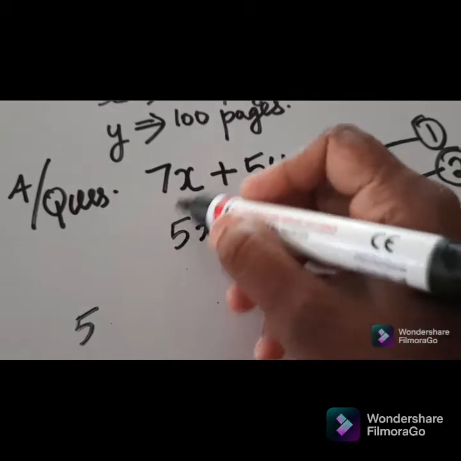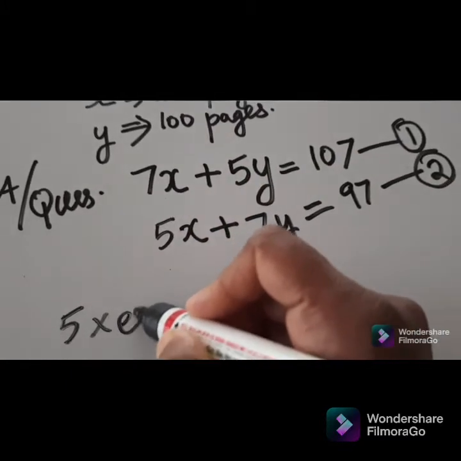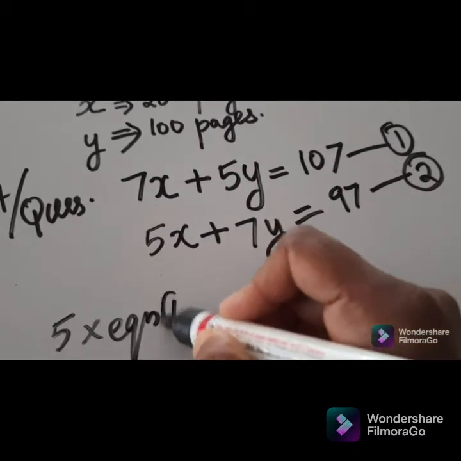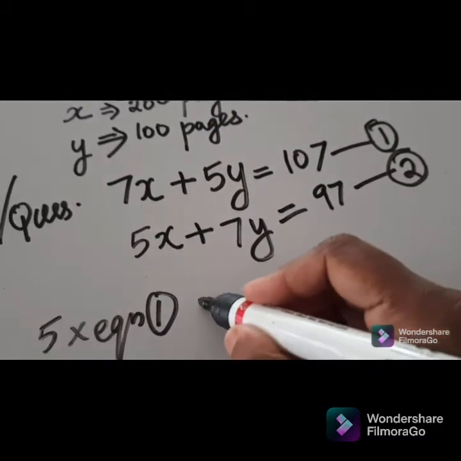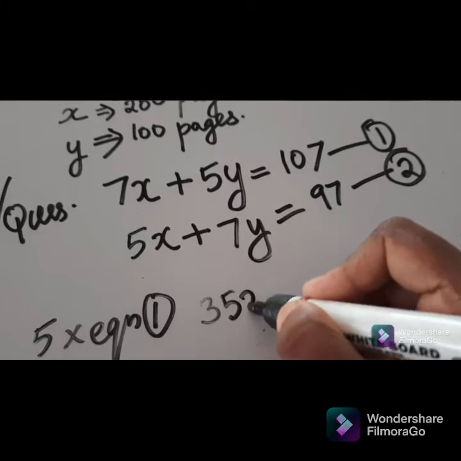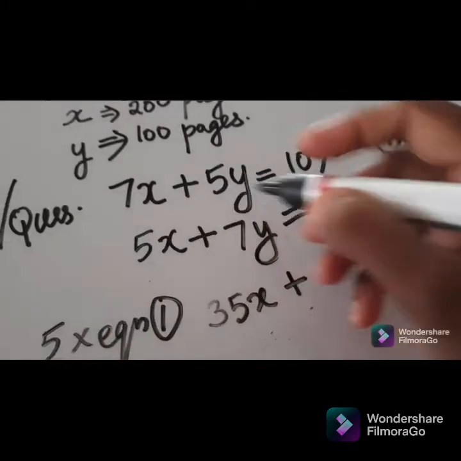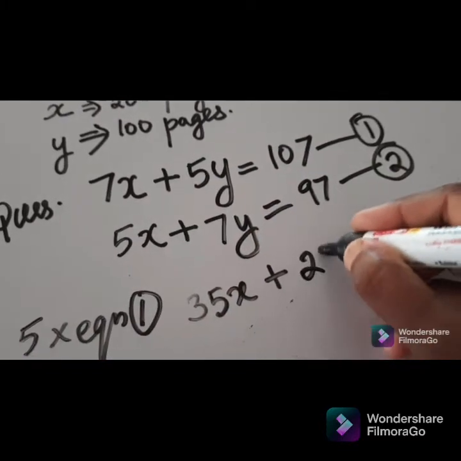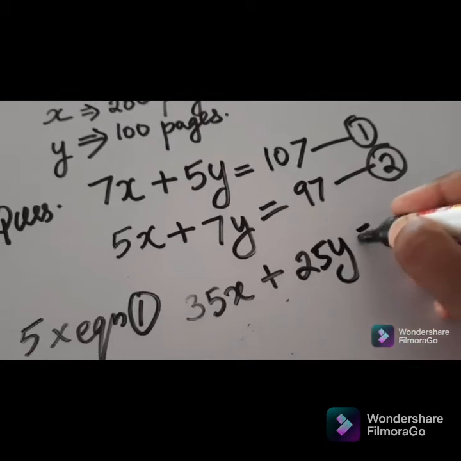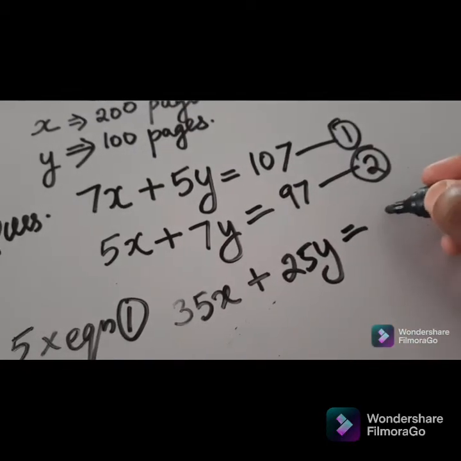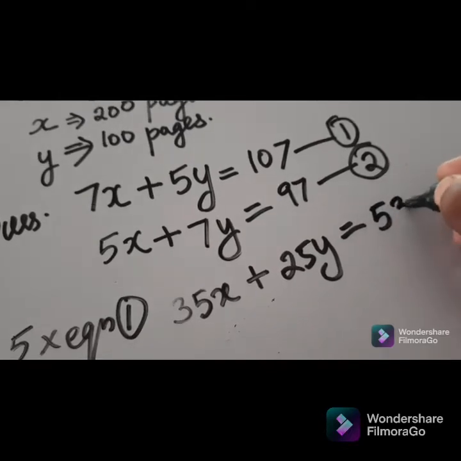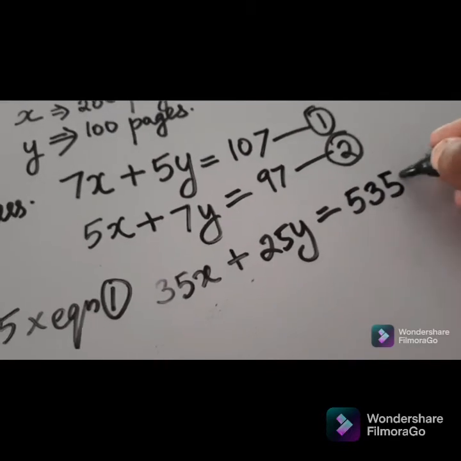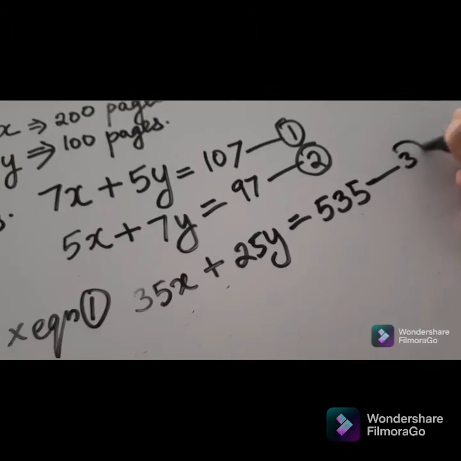So multiply 5 with equation 1. We get 5 into 7, 35x plus 5 into 5, 25y equal to 5 into 107, which is 535. So we get equation 3.